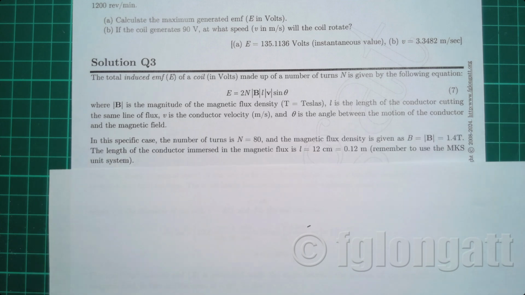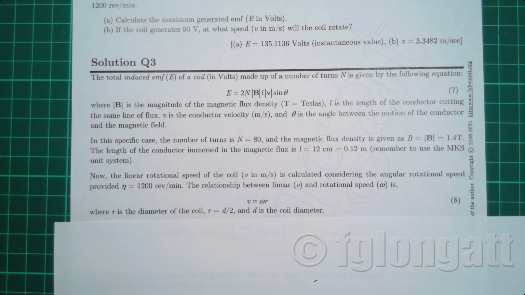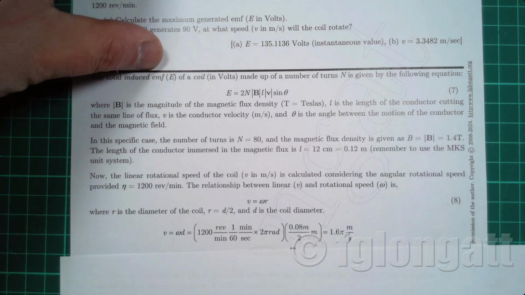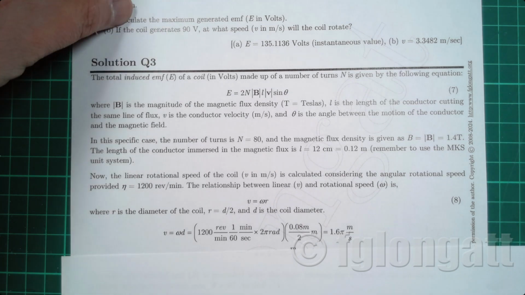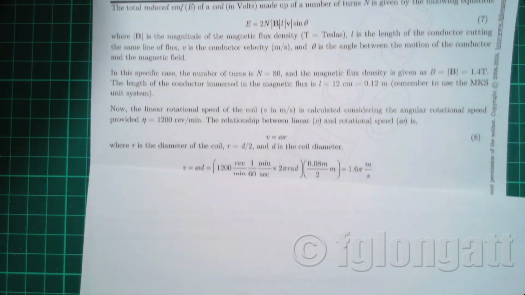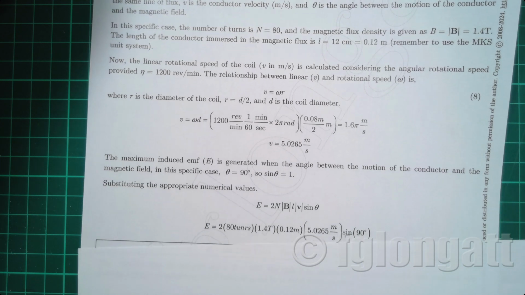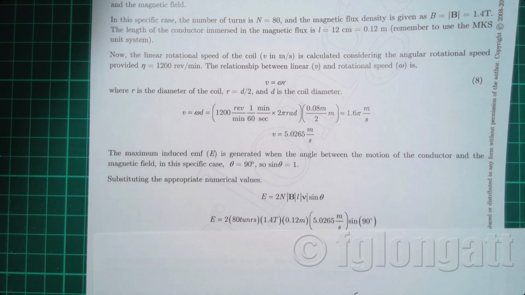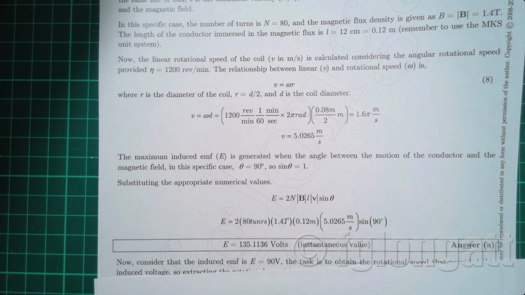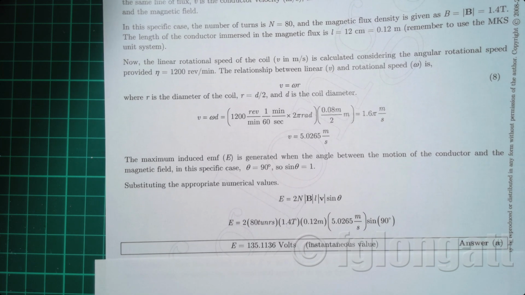Now what we need to do is very simple. The first step is to know what is the induced voltage when this is working at 1200 RPM.